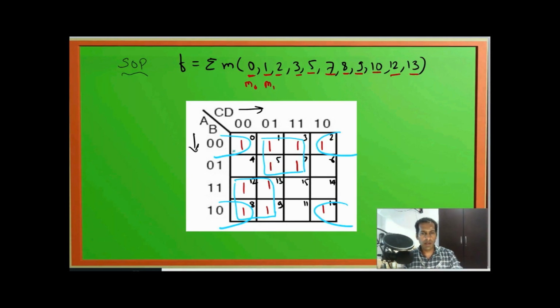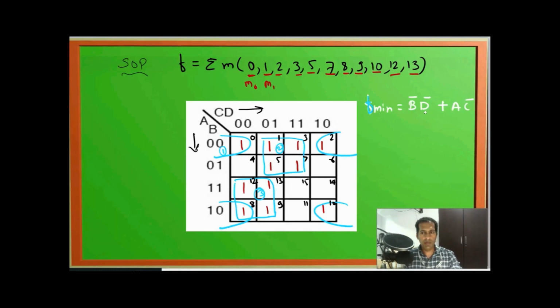So with this we get 3 expressions: one for all the corner ones, and one each for the two squares. In SOP form, F min is B bar D bar plus AC bar.